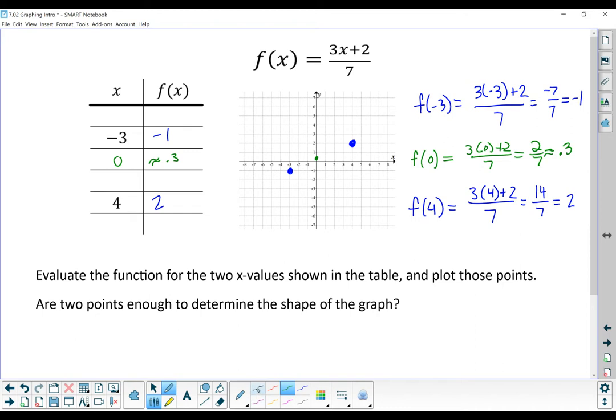Let's see. We could pick another value. Maybe let's pick 8. F of 8 is (3 times 8 plus 2) all over 7. I'm going to just throw that in my calculator to calculate it. And that is 3.7 approximately.